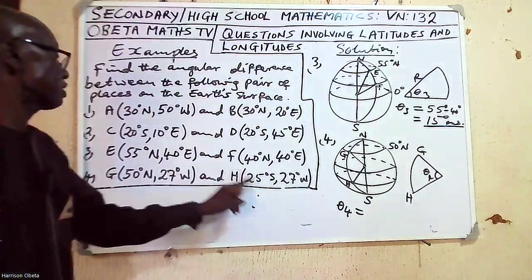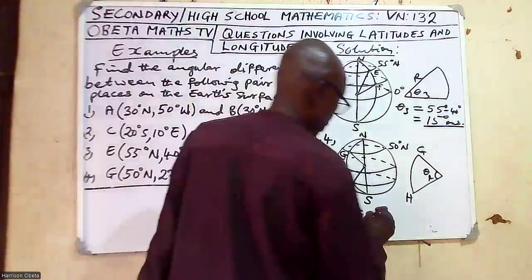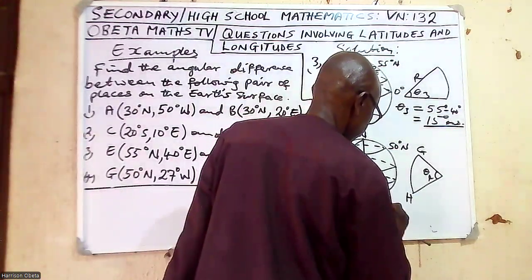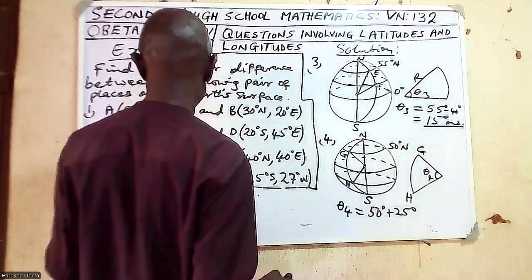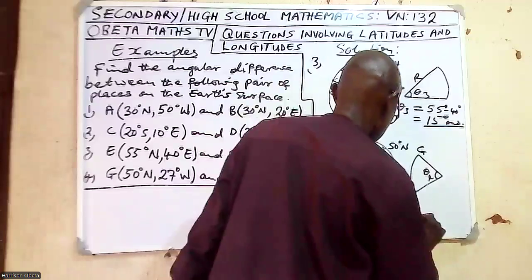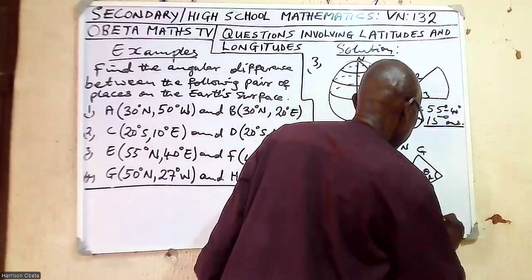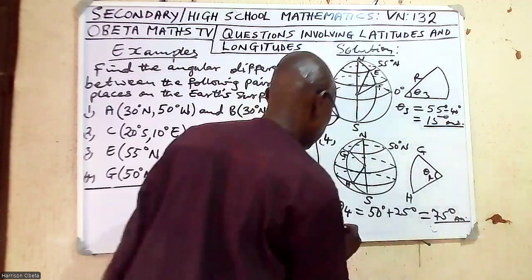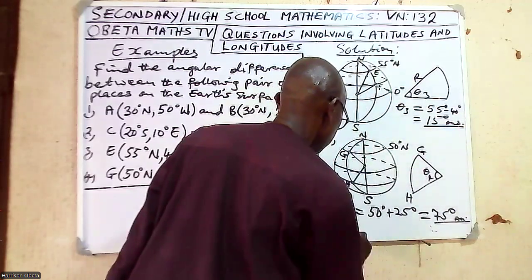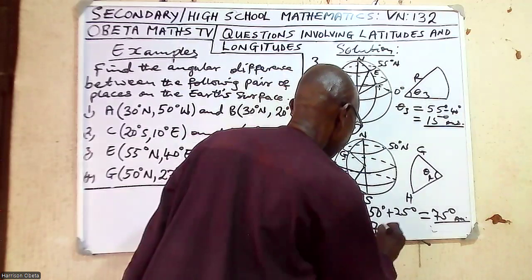It says north and south is addition. So that will be 50 degrees plus 25 degrees, because we have north and south. And that is 75 degrees. So theta 4 is equal to 75 degrees.